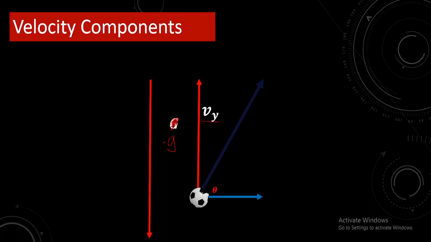Here you will see that the arrows are pointing opposite each other. That means vector subtraction is done. There will be a point in time wherein the acceleration due to gravity will be able to cancel out the velocity along the y-axis, and it will stop. That happens at its maximum height.